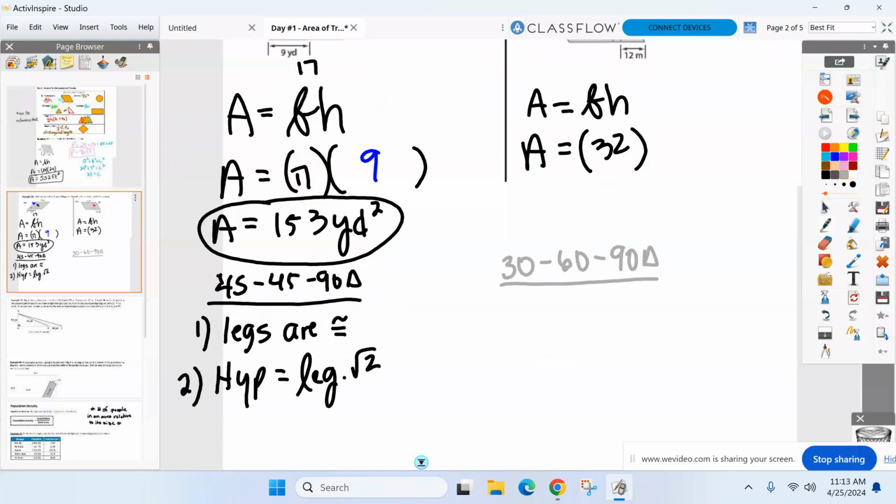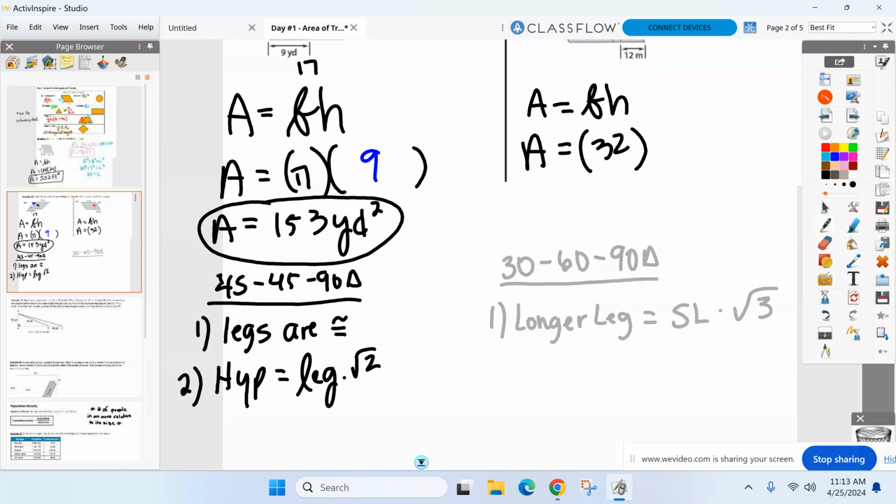The shorter leg is always across from the smaller angle, 30. And then the other leg, across from 60, we called the longer leg. And we had a way to find the longer leg. Anybody with that one? You take your shorter leg and multiply it by... Longer leg is shorter leg times radical 3, yep.